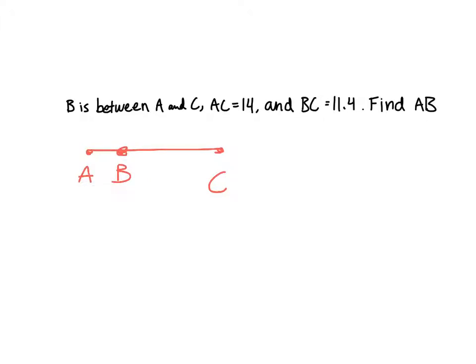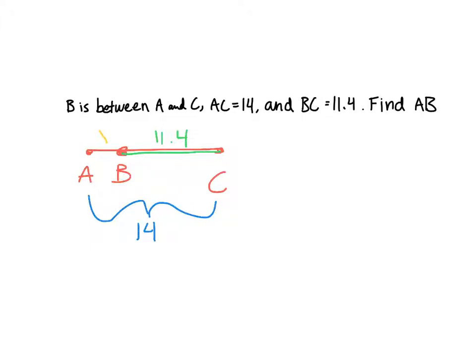So AC, we're talking about the whole segment, is equal to 14, and BC, just BC, is 11.4. Find AB. So how do we find AB? You have to do 11.4 plus x equals 14.